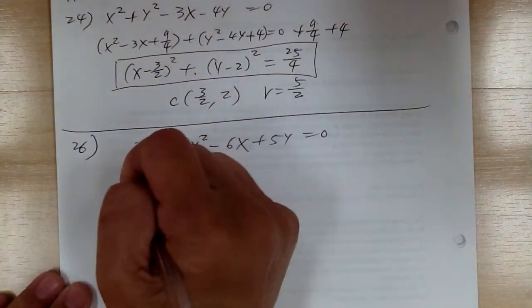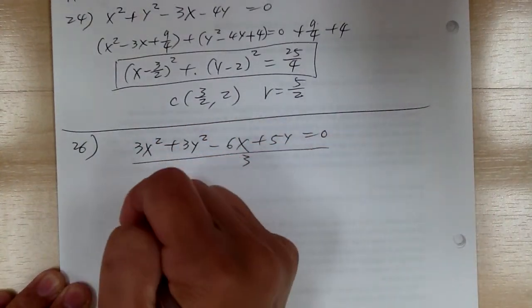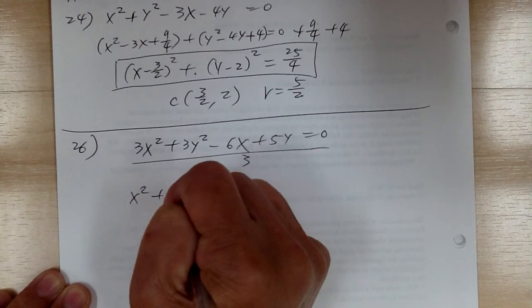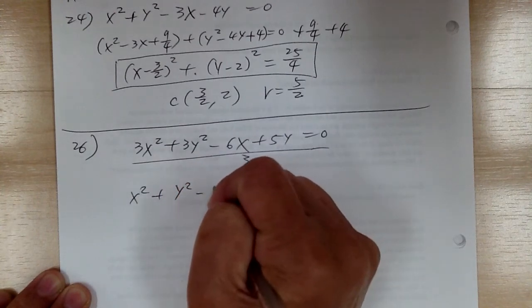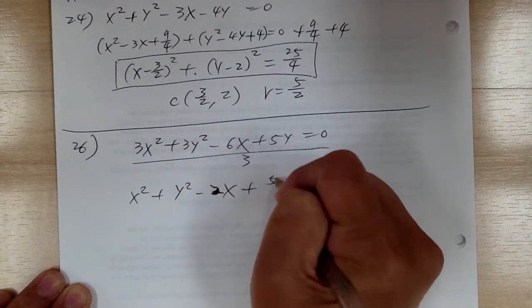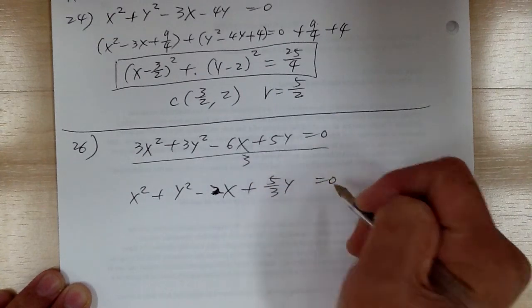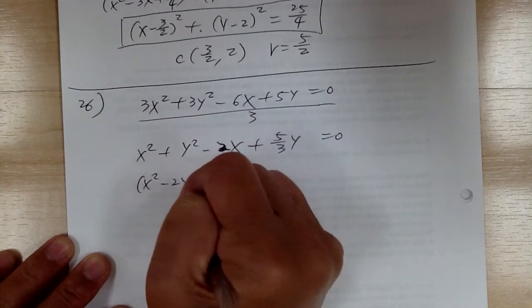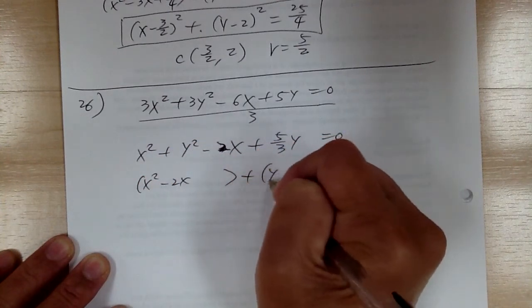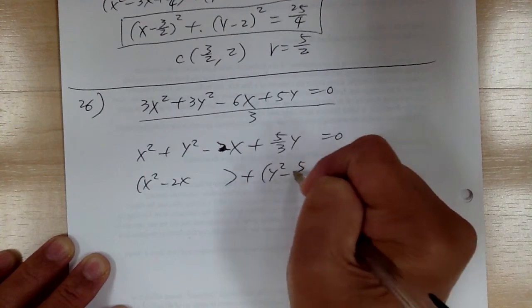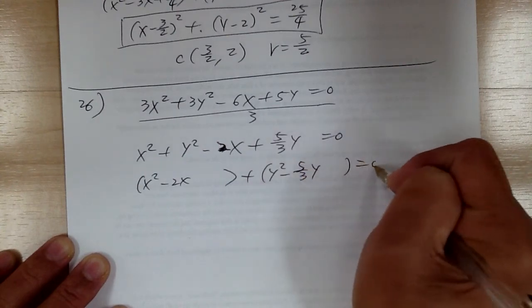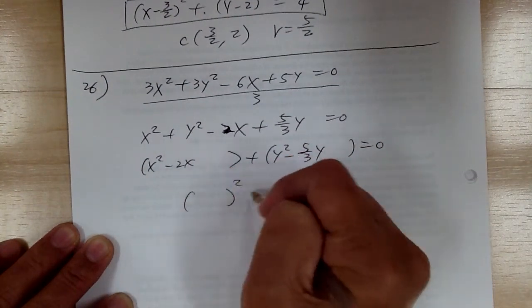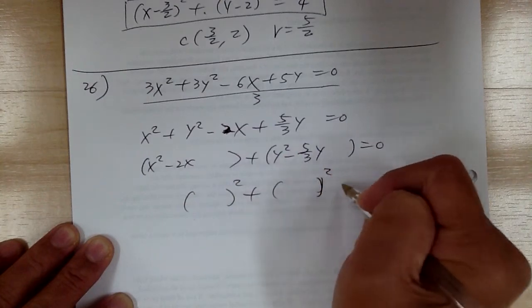So you get x squared plus y squared minus 2x plus 5 over 3y equal to 0. Then you go and group your variable. Okay, then get your perfect square, get your template ready.